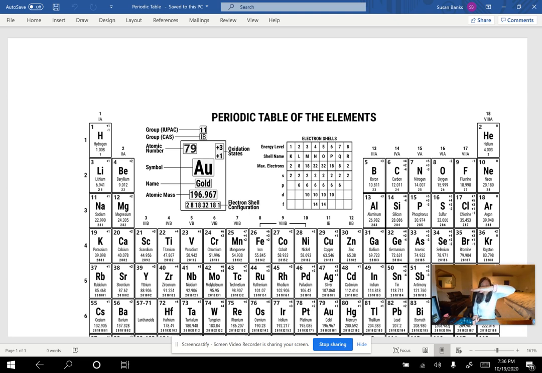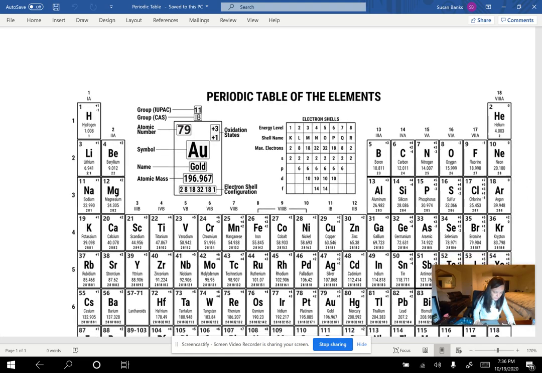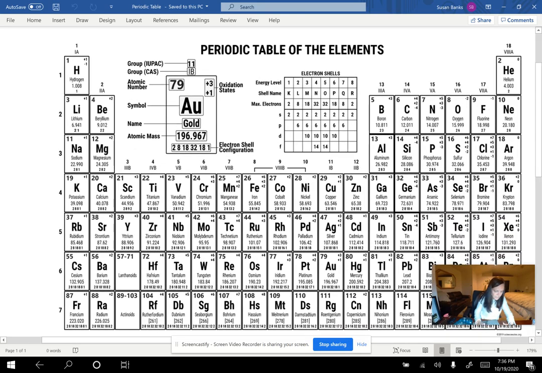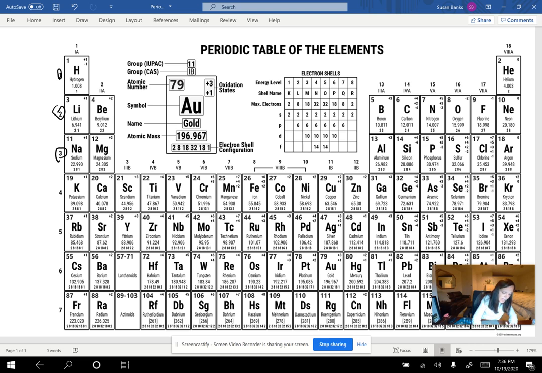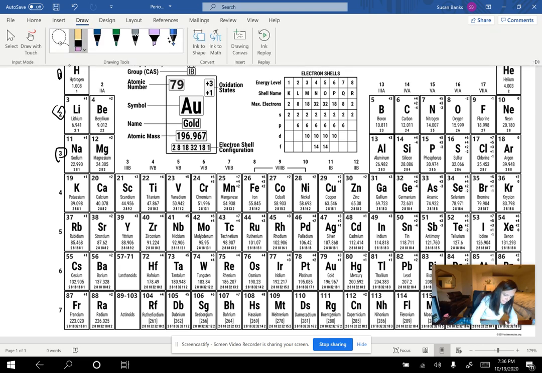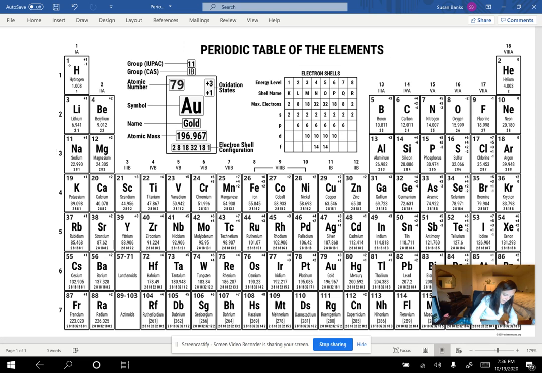Those periods are the quantum numbers, or the n quantum numbers. These are energy levels. So if we look at this periodic table, over here to the left, we have our energy levels. Those energy levels are the n numbers.